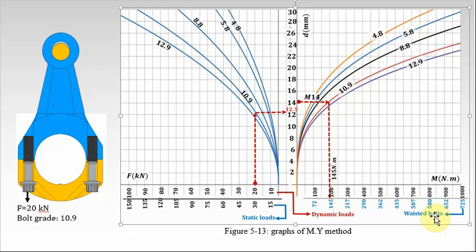Since our bolt is a waisted bolt, our tightening torque is 145 Newton meters. Therefore, we could easily design the bolt of a connecting rod of a heavy-duty diesel engine. The bolt size is M14 and the tightening torque is 145.